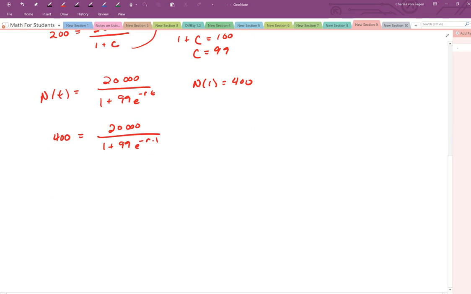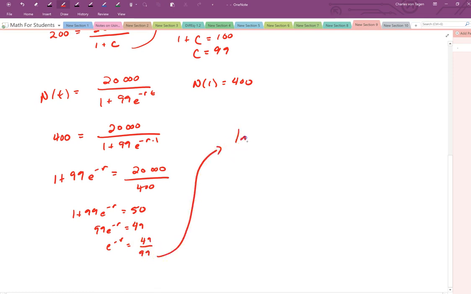So multiplying both sides by 1 plus 99 e to the minus r and dividing both sides by 400 gives us 1 plus 99 e to the minus r is equal to 20,000 divided by 400, or 50, since 2 zeros would cancel. So we get 99 e to the minus r is equal to 49. E to the minus r is equal to 49 over 99.